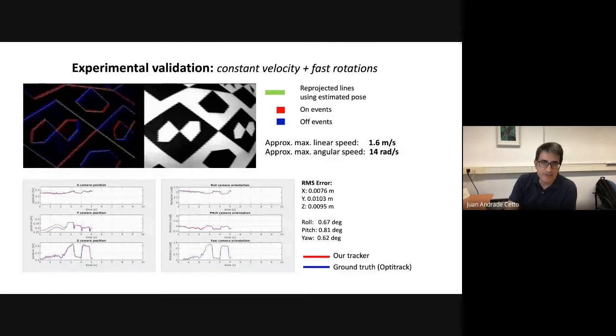That is about 13 hertz. This video that you're watching here is reproduced at 1/10 of its actual speed. And in here, you can see that we can even track the position and orientation of the camera precisely with the event camera. And the system breaks at about 950 revolutions per minute.